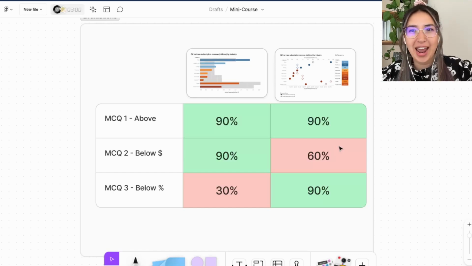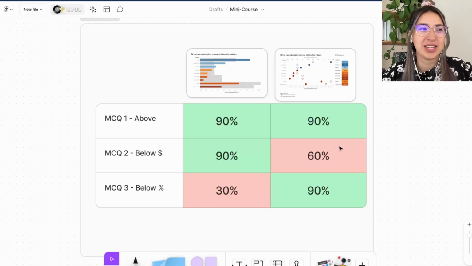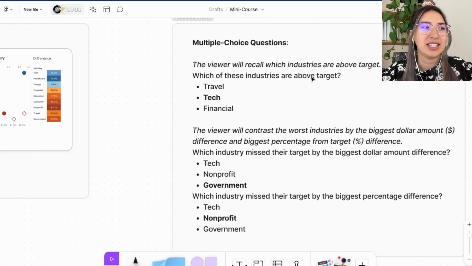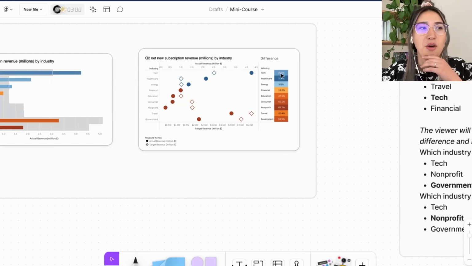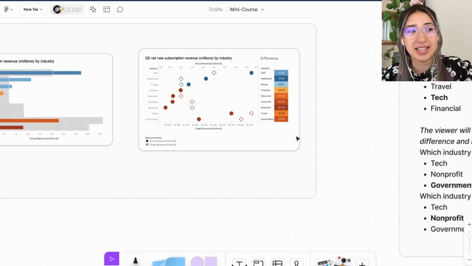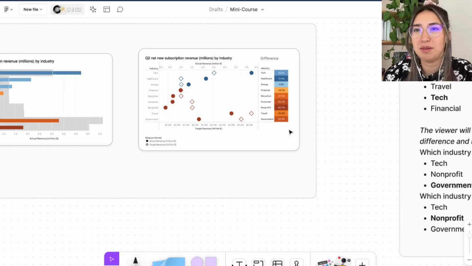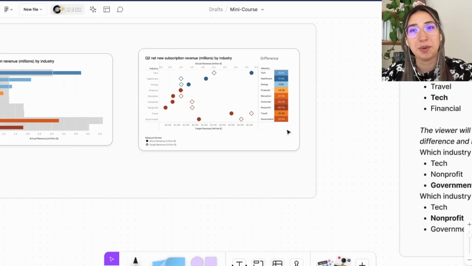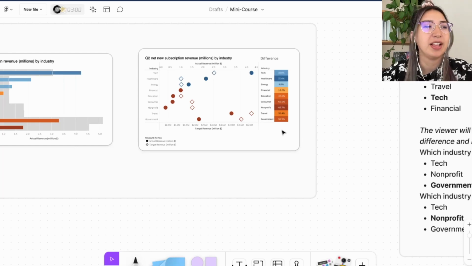So maybe we want to add that to the visualization, or on this little heat map, maybe one column is percent difference, one column is dollar amount difference. And that could help us if that's something we're trying to achieve.